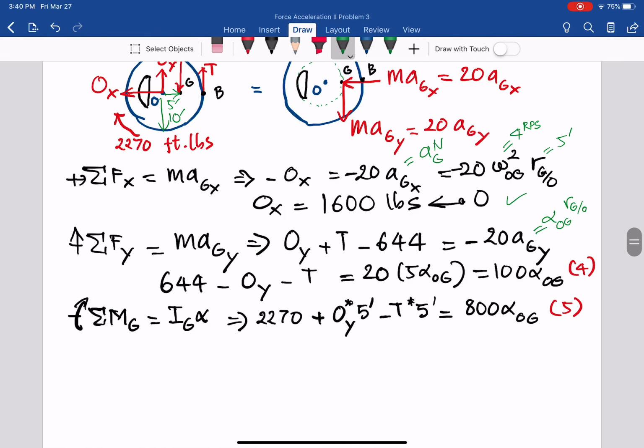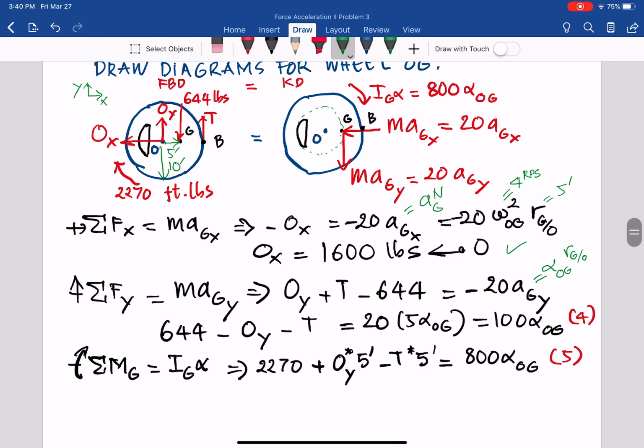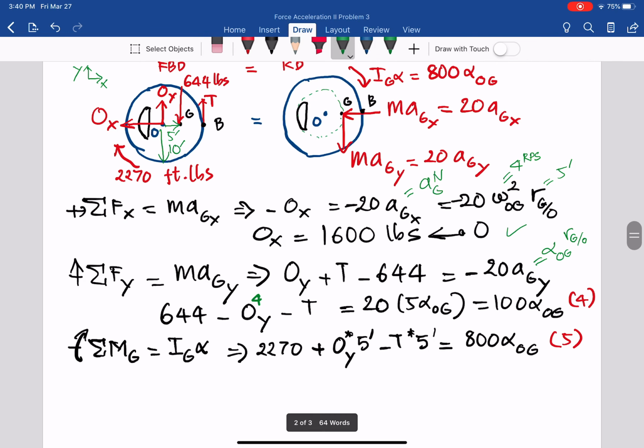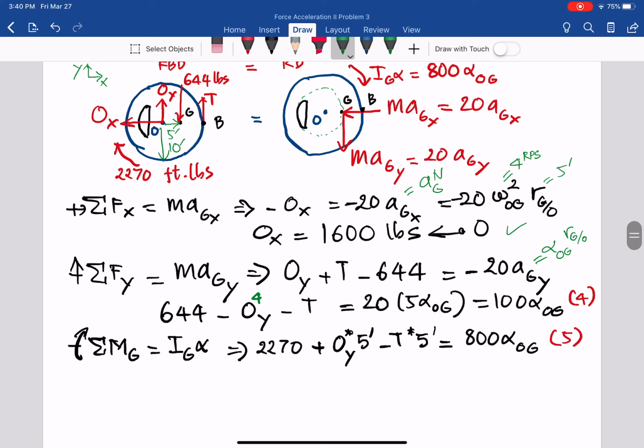And then we have 4, T, and we already have 5, alpha OG.